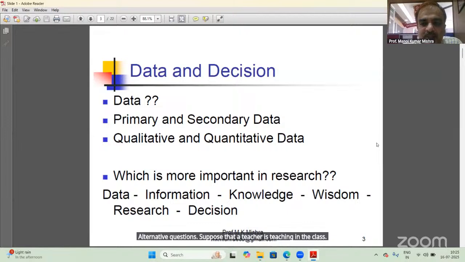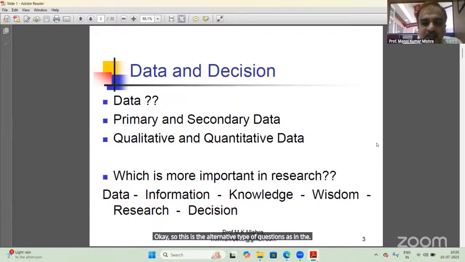Do you like this class or not? Options 1, 2, 3, 4, 5 are given: strongly not like the class, not like the class, neutral, like the class, strongly like the class. This is the alternative type of questions in the questionnaire.